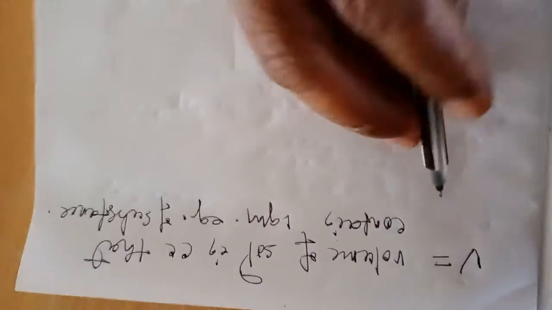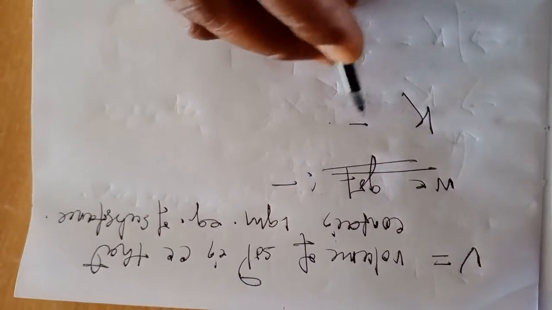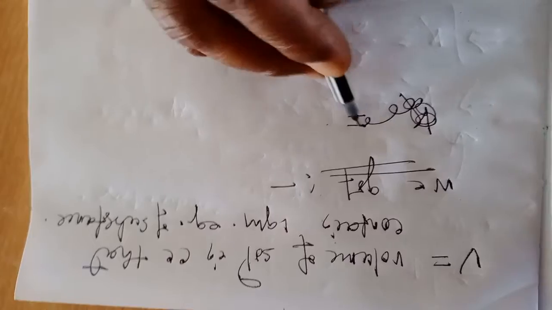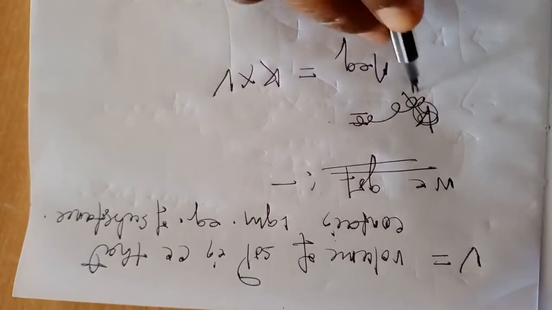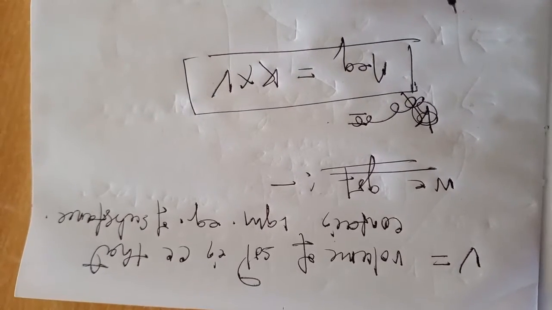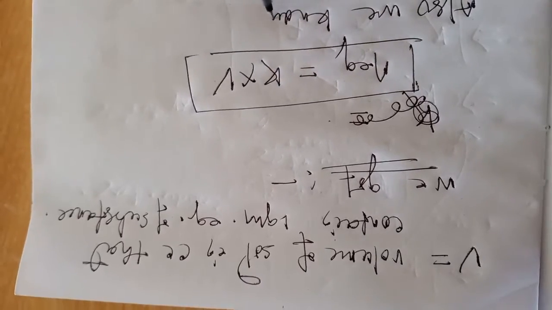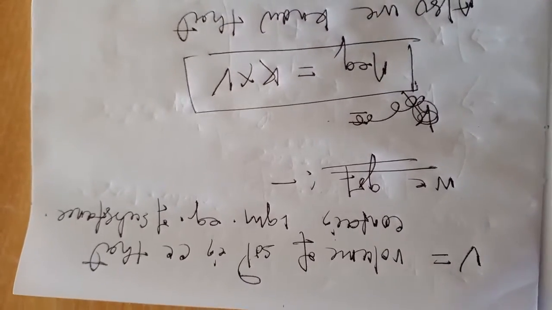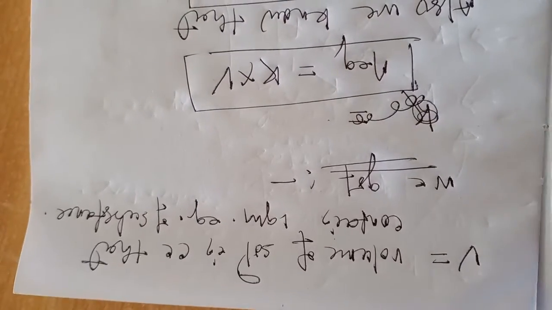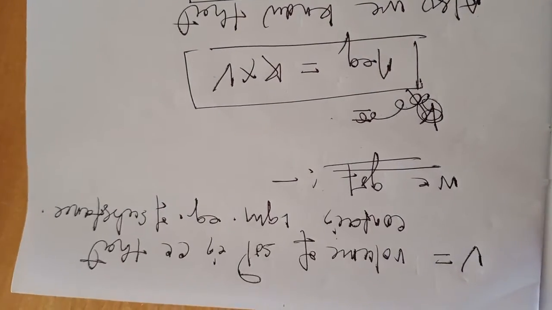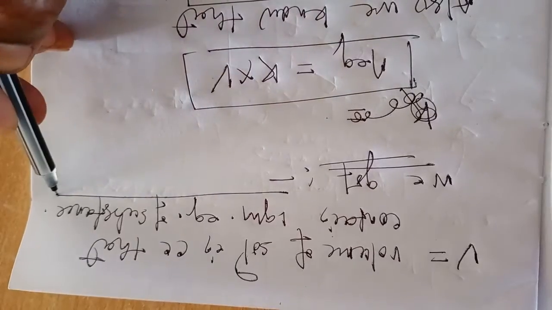So here we got equivalent conductance equal to K into V. Also we know that V equals 1000 by C. Why V equals 1000 by C? Because here V is the volume of the solution in cc that contains 1 gram equivalent of substance.